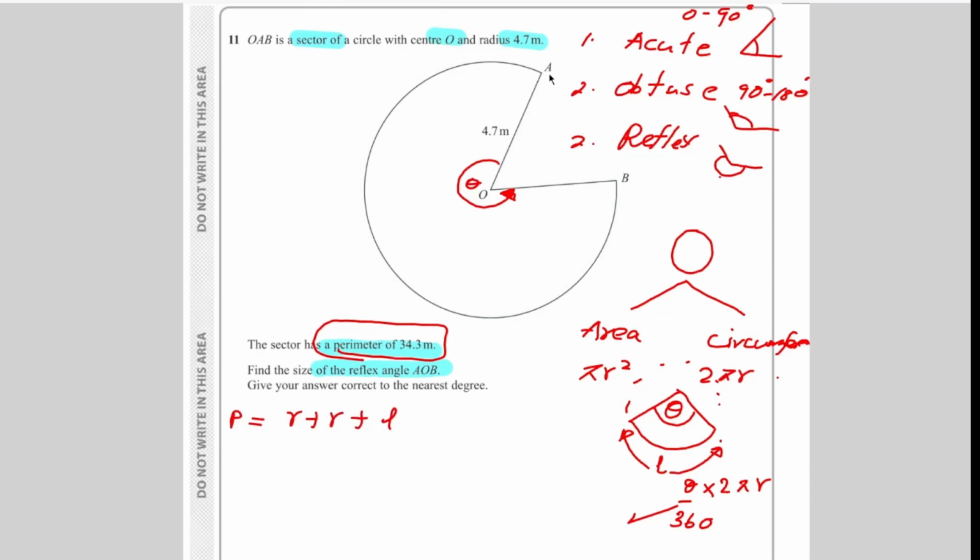From this, 34.3 minus 2r equals the arc length.